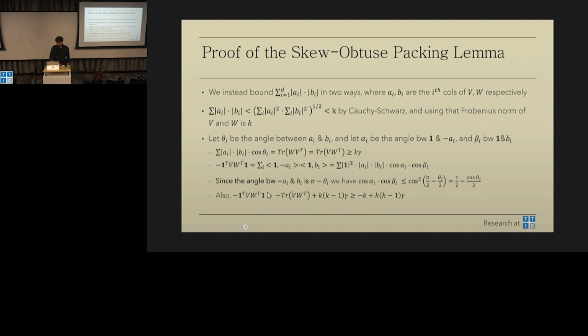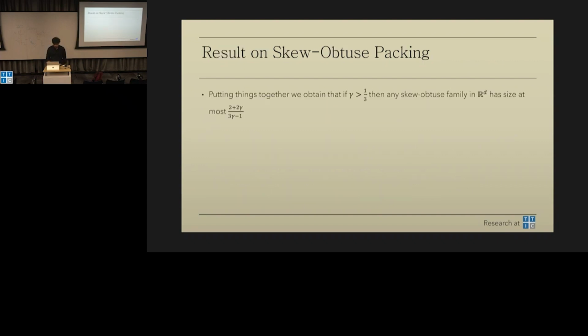On the other hand, we also know that the negative sum of entries is not too small, because the off diagonal entries are all minus gamma. If you plug all these equations together, you are able to show this interesting trichotomy: if the angle margin is greater than 1/3, then any skew obtuse family has size at most order 1 over gamma.